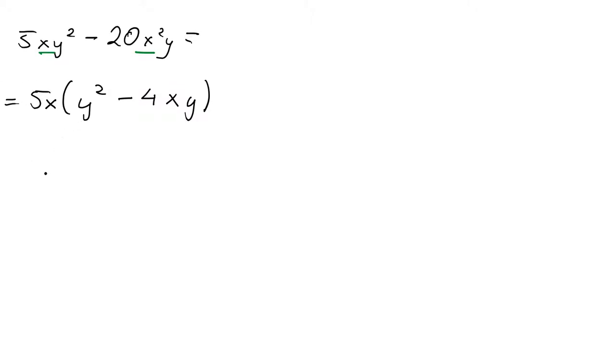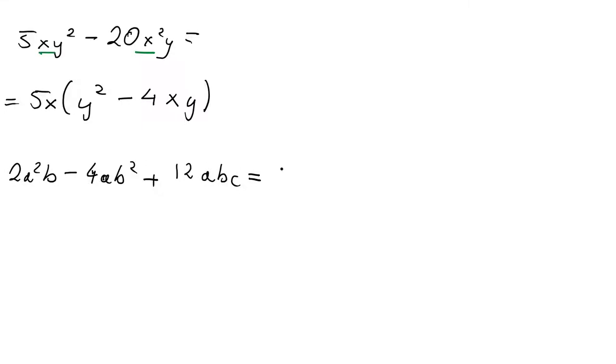Let's do something like this. 2a squared b minus 4ab squared plus 12abc. So let's see how we can factorize this. What coefficient is present in each of those terms?